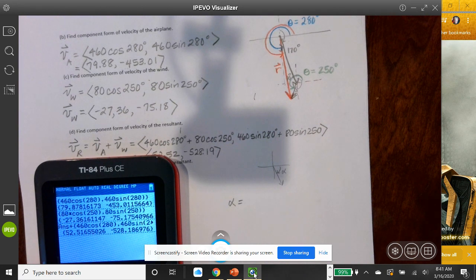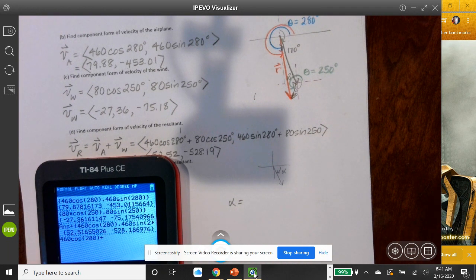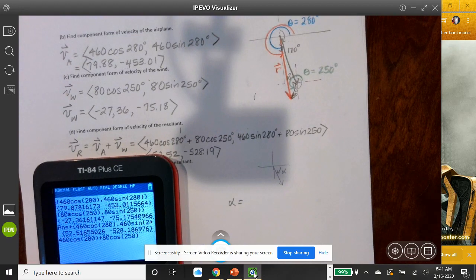No, I don't want to store the answer. I want to do 460 times the cosine of 280 plus 80 times the cosine of 250. And I want to store that in alpha A. There we go. So that's now in A. Now I'm going to store the other one in alpha B.